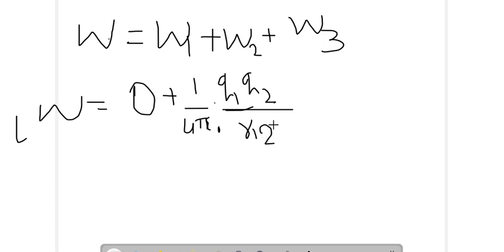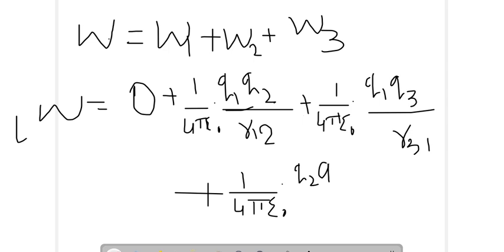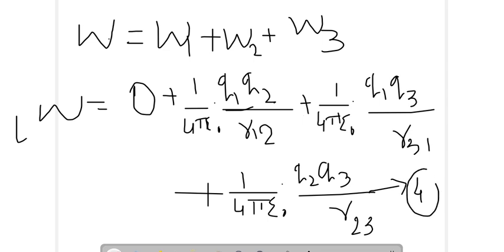And what is W3? That is 1 divided by 4 pi epsilon naught into Q1 into Q3 divided by R31 plus 1 divided by 4 pi epsilon naught into Q2 into Q3 divided by R23. So this is equation number 4.